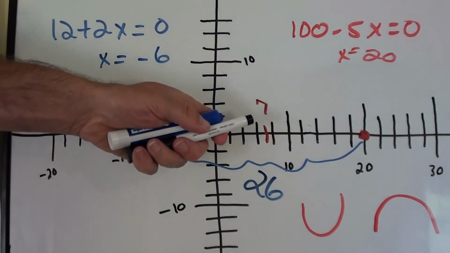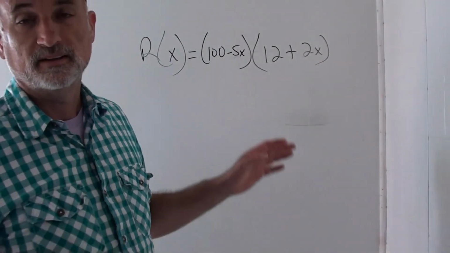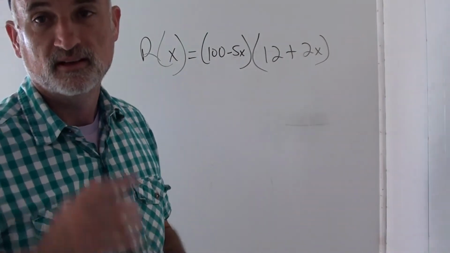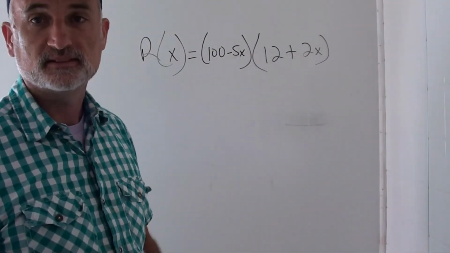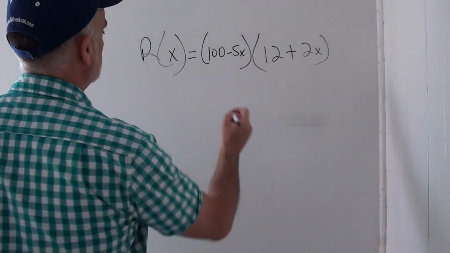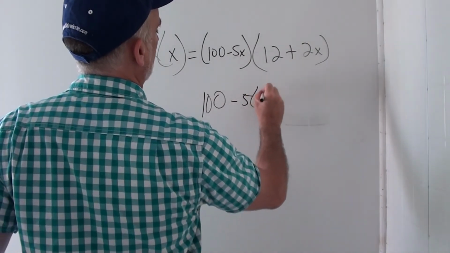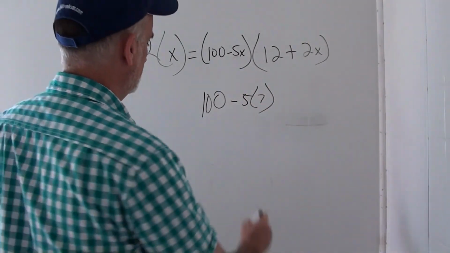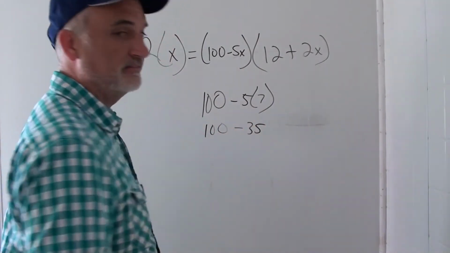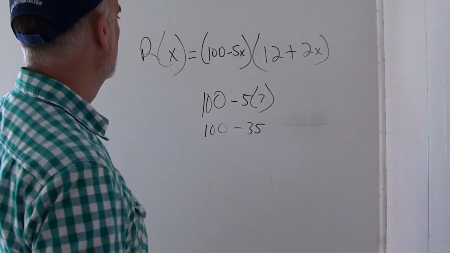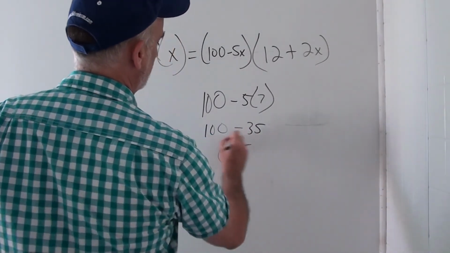So now, let's take this 7 and let's do something with it. Alright, now we have the number 7. So let's plug 7 into our variable x. Okay? Let's start out with 100 minus 5 times 7, which is 100 minus 35, which would be 65.